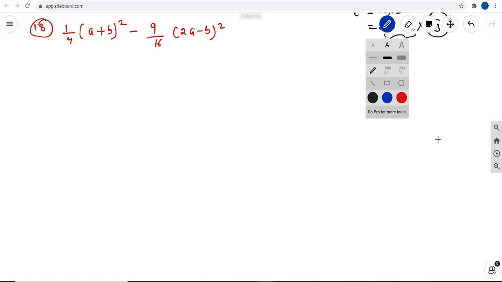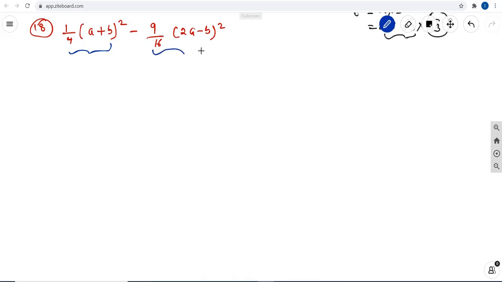Now what I can write, if you observe properly, both are perfect squares only. So 1 by 4, I can write as 1 by 2 into a plus b, whole square. Minus, I can write this one as 3 by 4 into 2a minus b, close the bracket. So this is as a whole square.